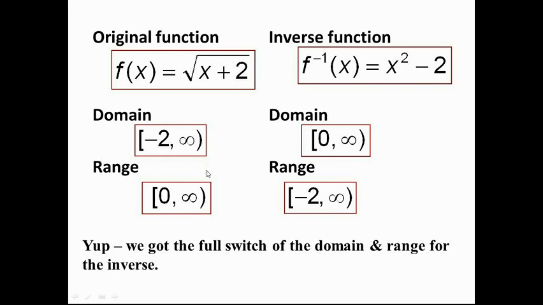When you decide the domain and range of your original function, you definitely get the domain and range of your inverse function, because the domain of your original function becomes the range of your inverse function, and the range of your original function becomes the domain of your inverse function.